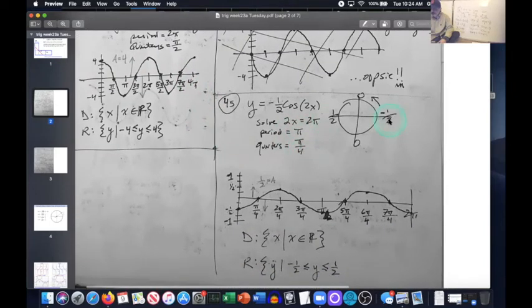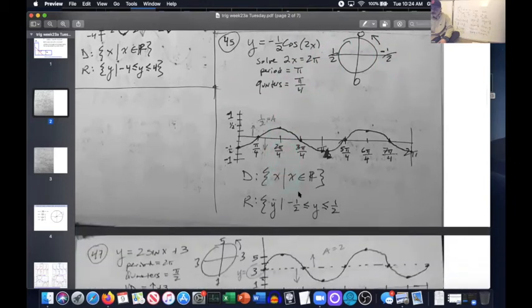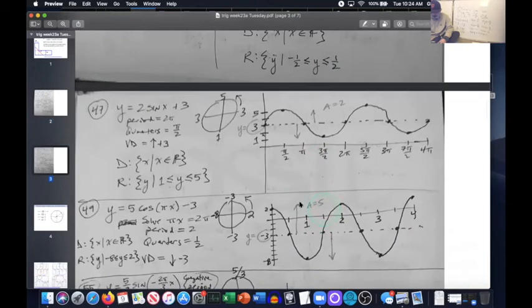But anyway, so here, again, drawing the unit circle, same thing here. Now, when you have the vertical displacement, if you're able to interpret this, you could just go ahead and draw, okay, we're centered at 3, and since the amplitude is 2, we're going to be above by 2, so 2 plus 3, and below by 2, so 3 minus 2.